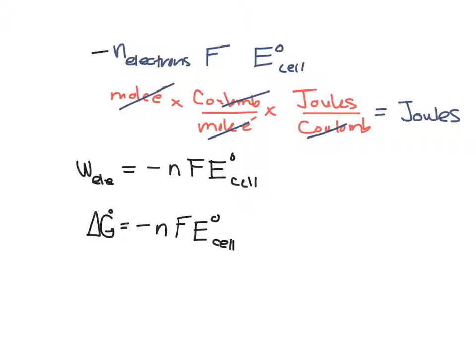Delta G is spontaneous when it's negative. There's a negative in front of this equation. So that means that our cell potential can actually be used to predict spontaneity. If your E cell is positive, the reaction is spontaneous in that direction.